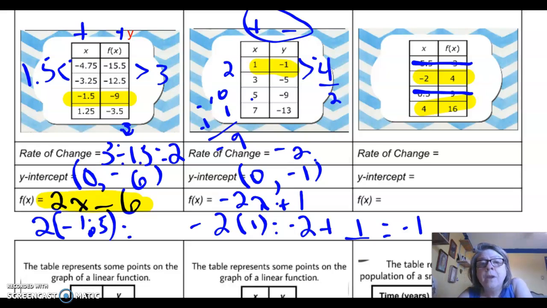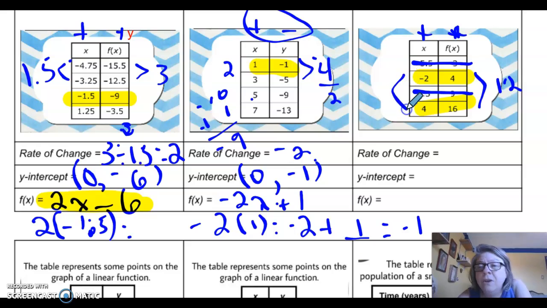All right, so what I'm going to do is figure out what's my difference between 4 and 16, and it is 12, and f of x is increasing, so it's going up. And also x is increasing, so I know that my slope will be positive because they're both increasing.